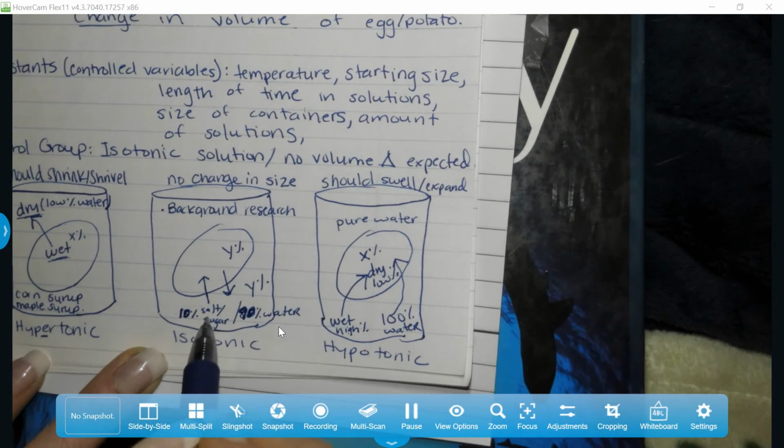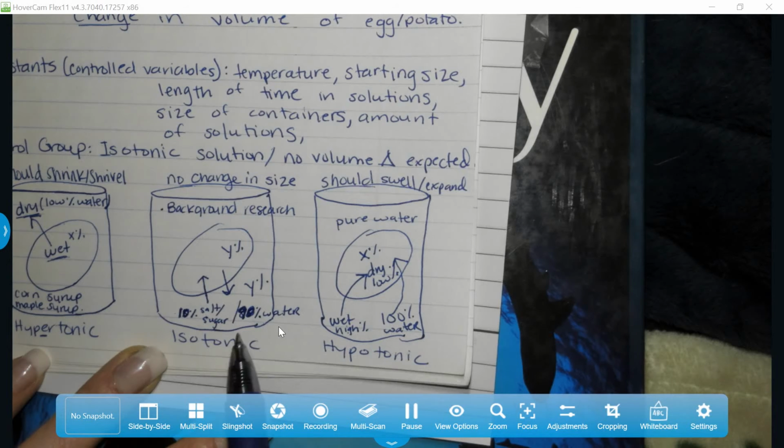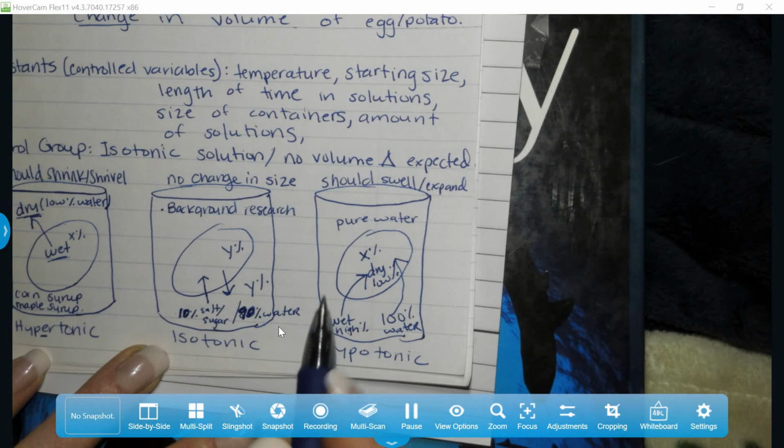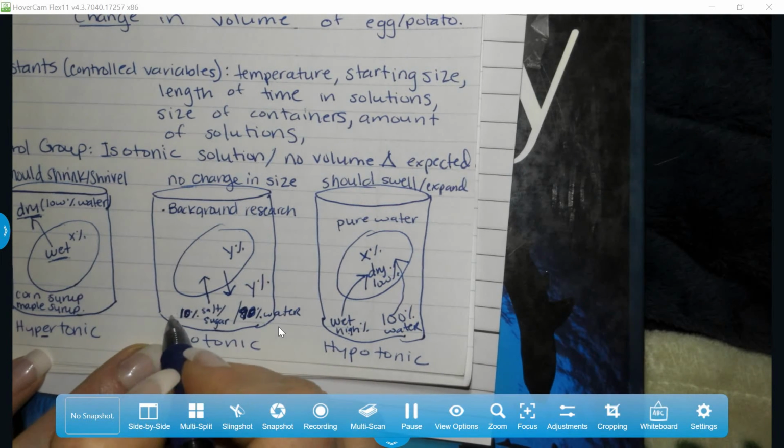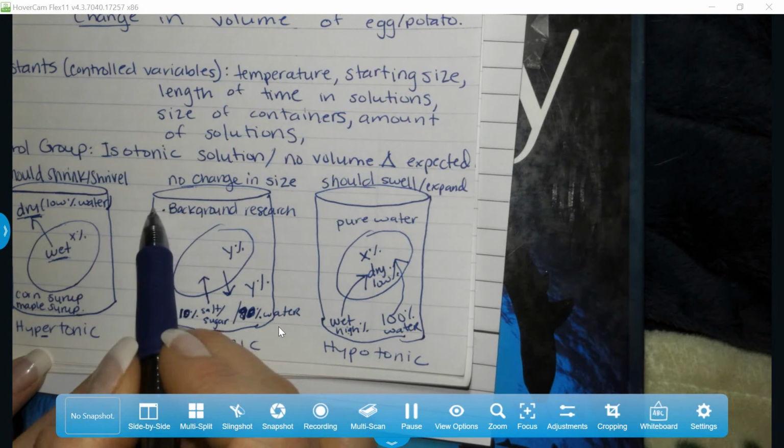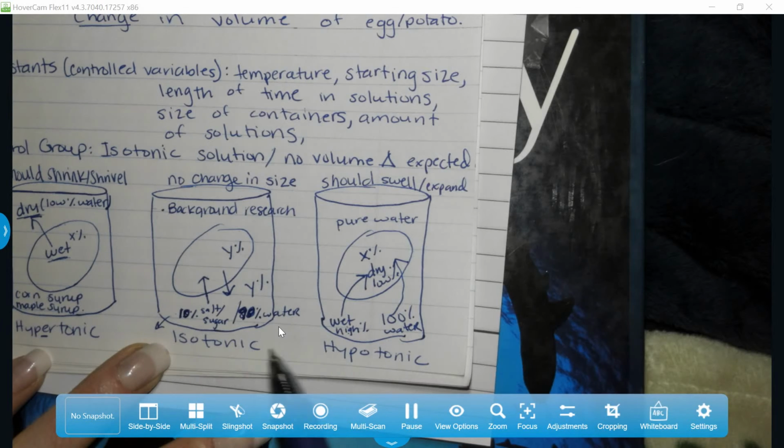And if I want to do 10% salt or sugar, 90% water, what I would recommend is using measuring cups. It's going to depend on how big your cups are, so that you have enough liquid to cover the egg.